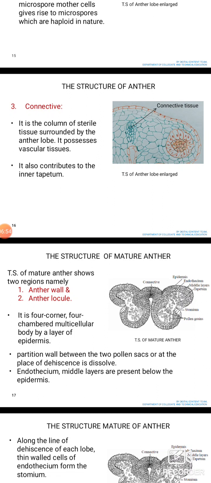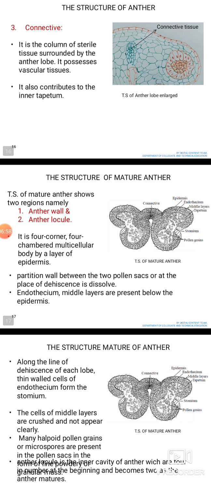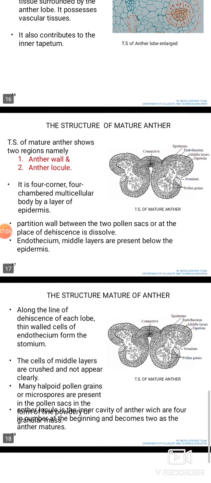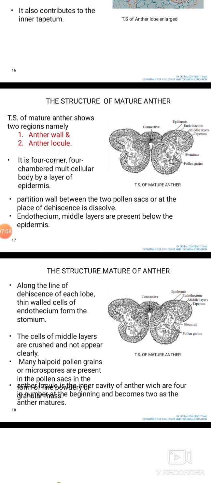Endothecium and middle layers are present below the epidermis. Along the line of dehiscence of each lobe, thin walled cells of endothecium form the stomium. The cells of middle layers are crushed and many haploid pollen grains or microspores are present in the pollen sac.